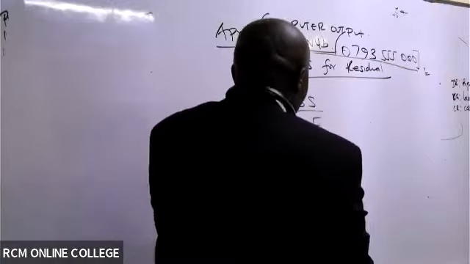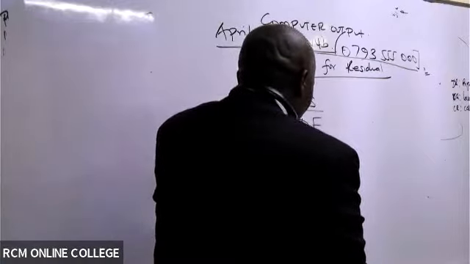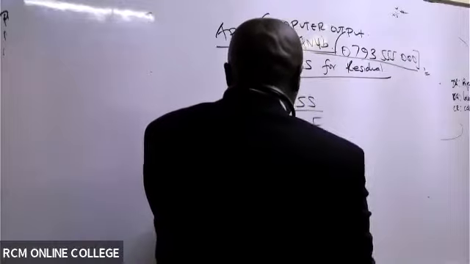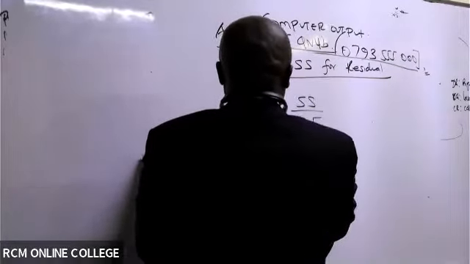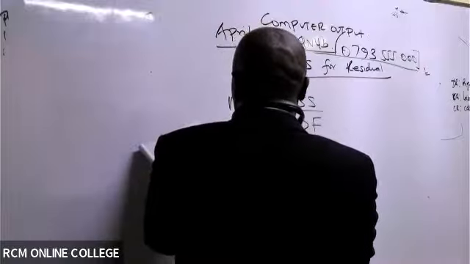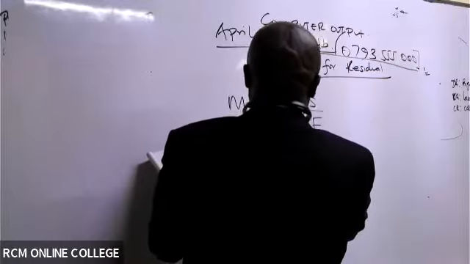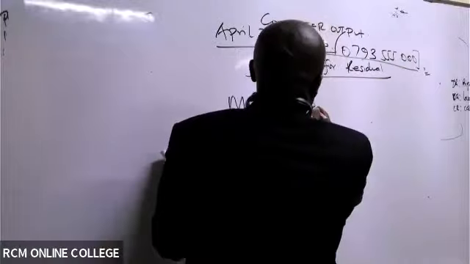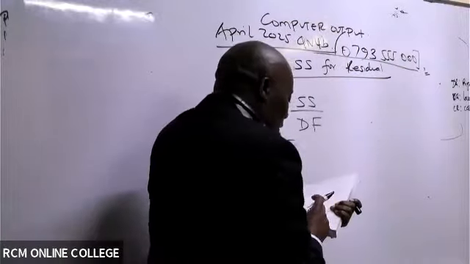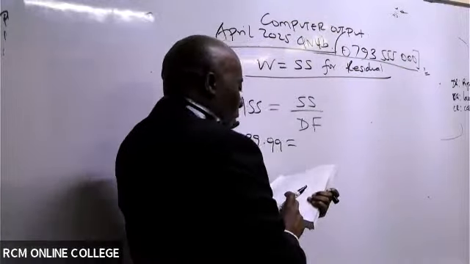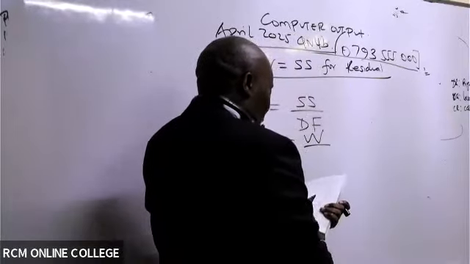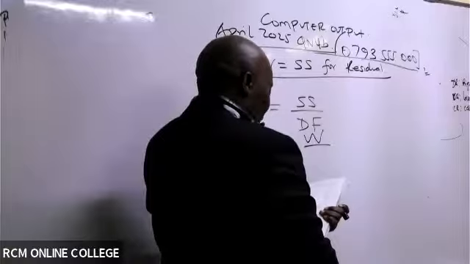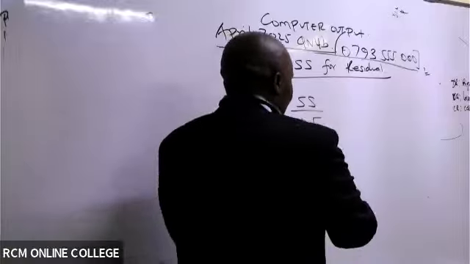So for residual, we know the mean sum of squares is 5739.99, equals SS for residual, which is not known, which is our unknown, which is our W, all over degrees of freedom, which are what here, somebody? For residual, degrees of freedom, they are 7.